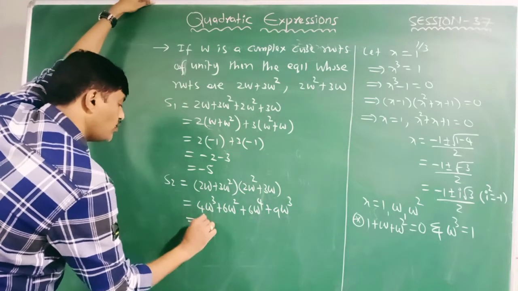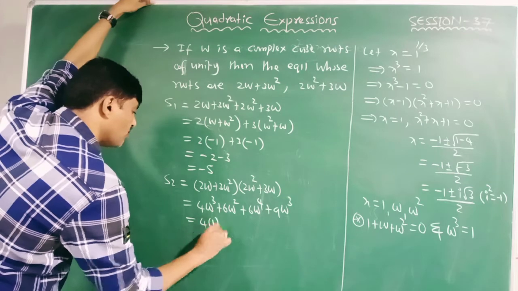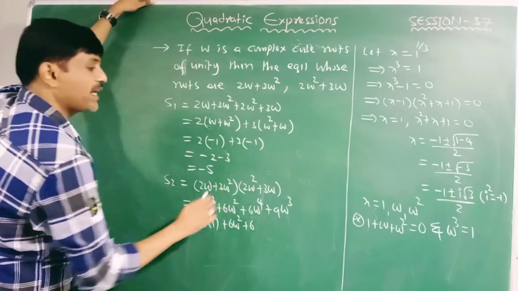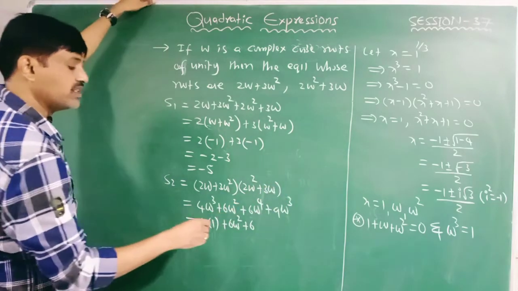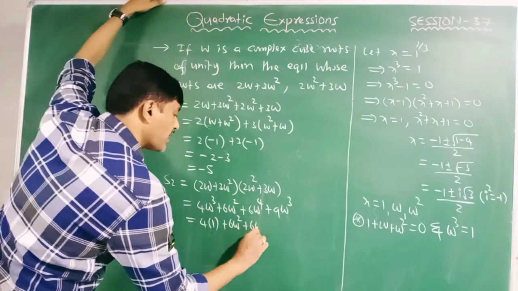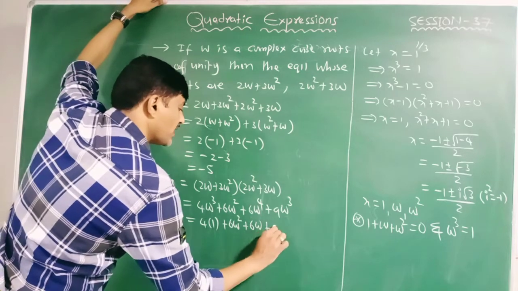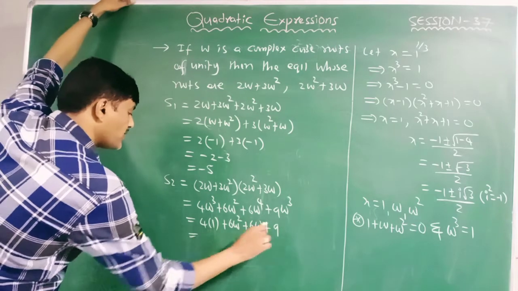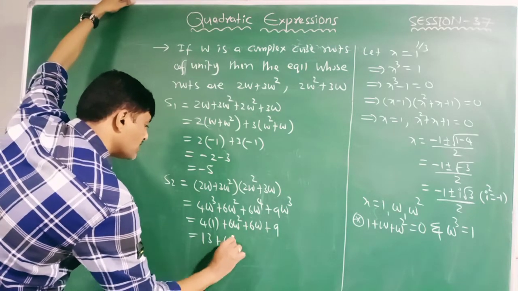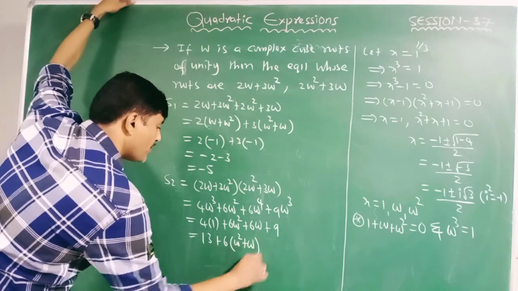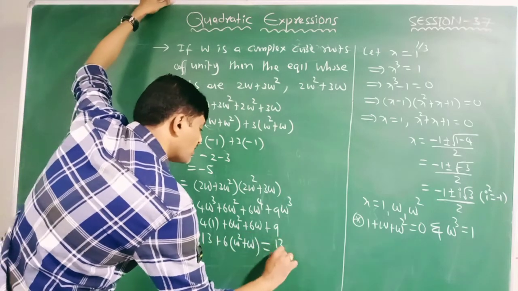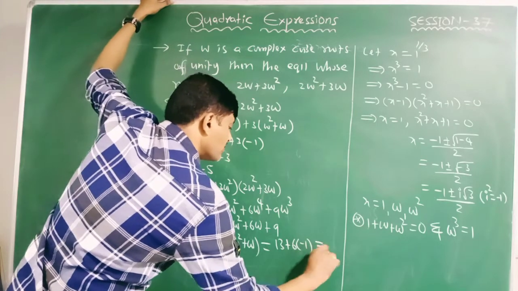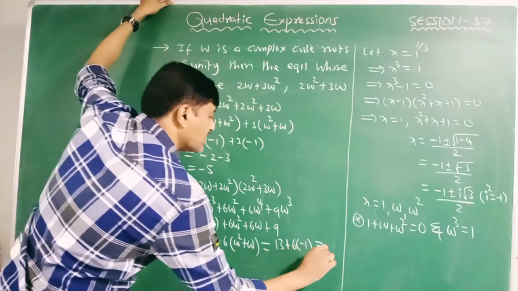Now 4 omega cube is 1, plus 6 omega square, plus 6 omega power 4. What is omega power 4? Omega cube is 1, therefore omega cube into omega is simply omega, so 6 omega. And 9 omega cube is 9. Now 4 plus 9 is 13, plus 6 common, omega square plus omega, which is minus 1. So the answer is 13 minus 6, and the result is 7.